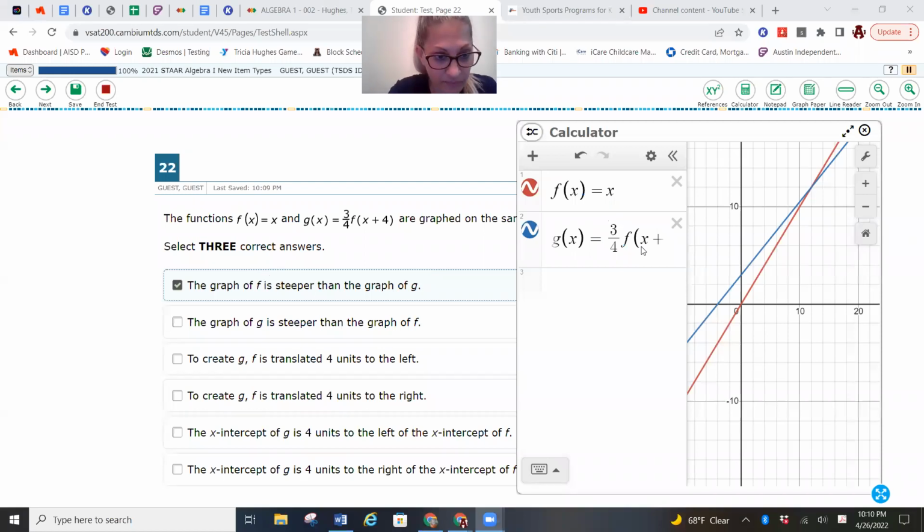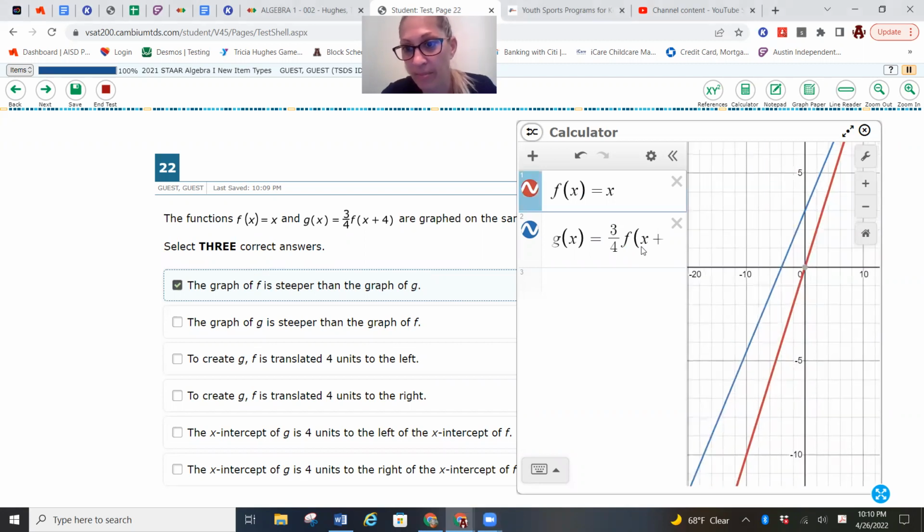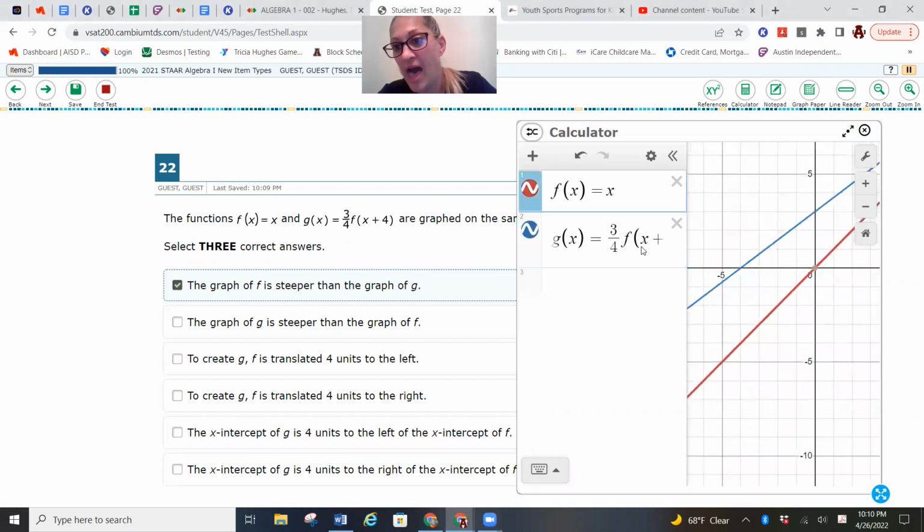Next thing. To create the G function, was F translated 4 units to the left, or was F translated 4 units to the right? Remember, I'm looking at red. How did I get from red to blue? 1, 2, 3, 4. Oh, it was translated 4 units to the left.